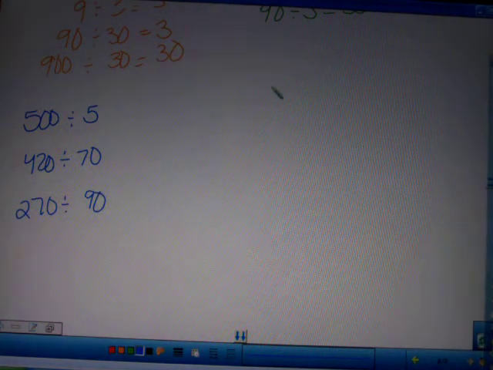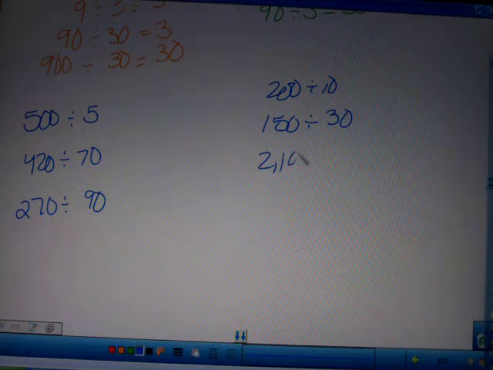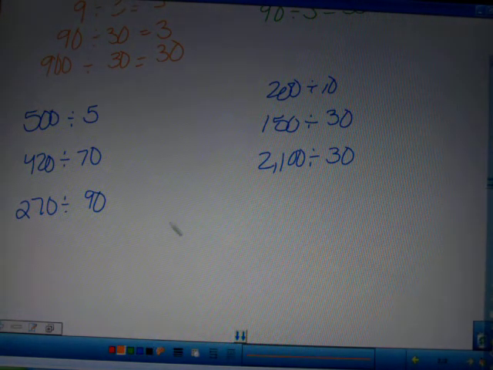And then over here, I would like you to do 200 divided by 10. And then here, 150 divided by 30. And then I would like you to do 2,100 divided by 30. I like those 30s. Alright, so now I'm going to go through and solve these.